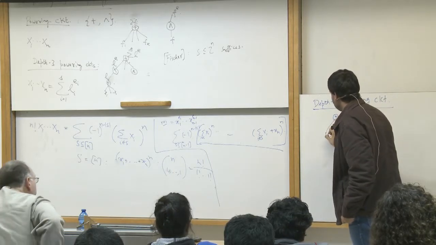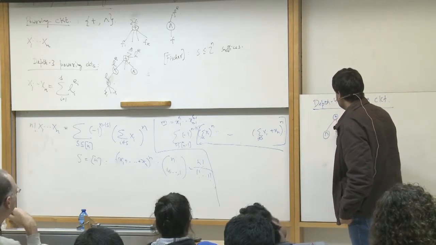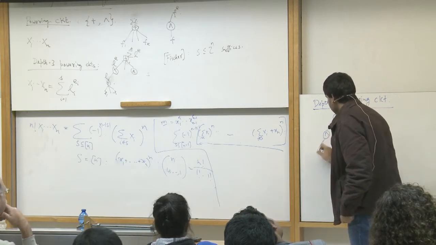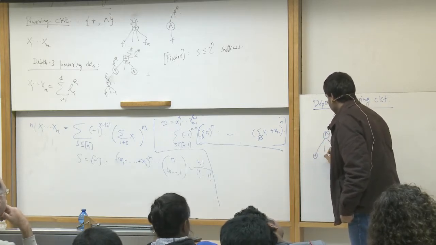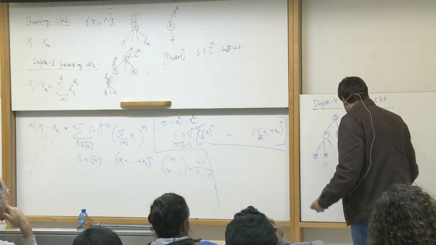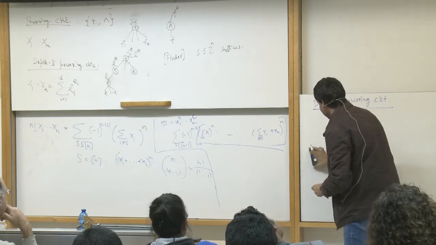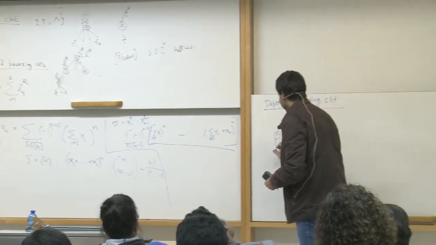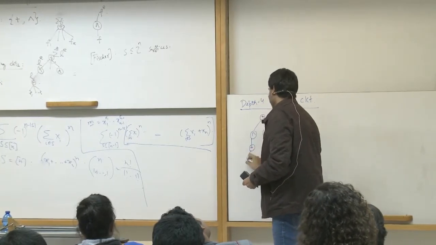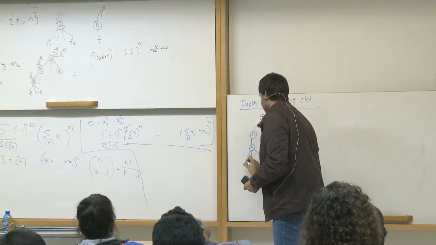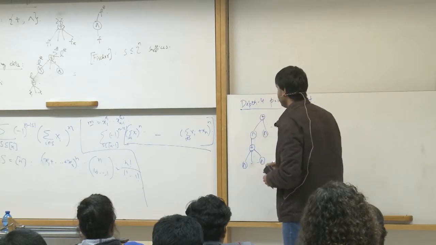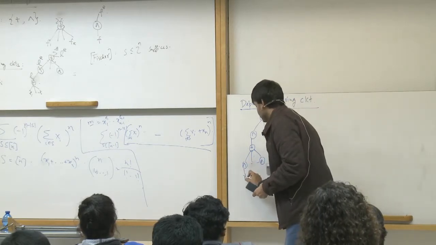Then there is a layer of power gates, and then a layer of addition gates. This is a unary gate; it only has one input. And again, the last layer is a layer of power gates, and then there are variables.